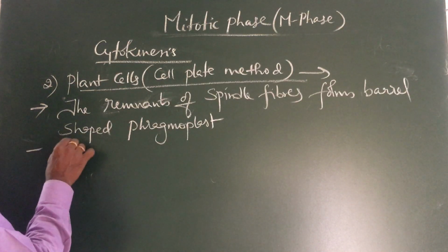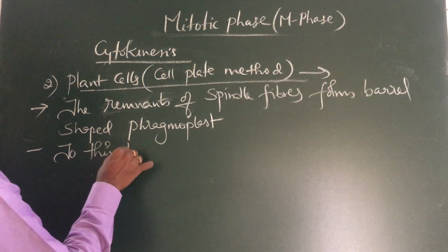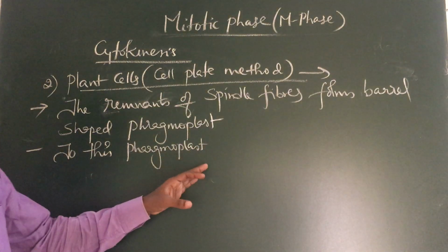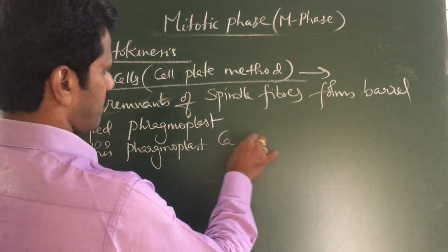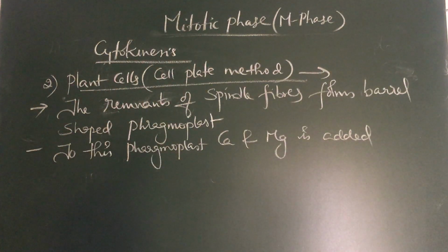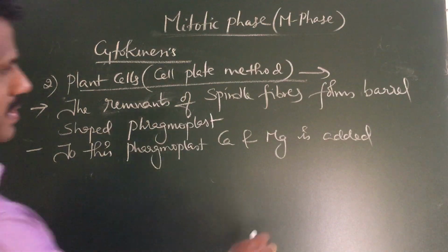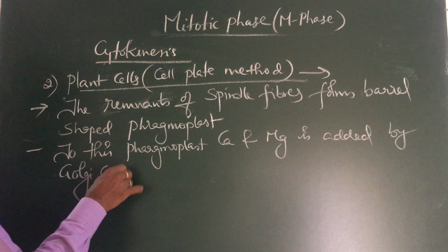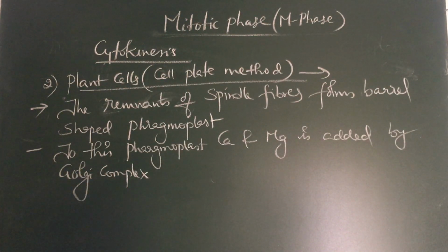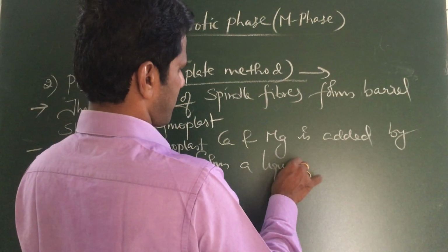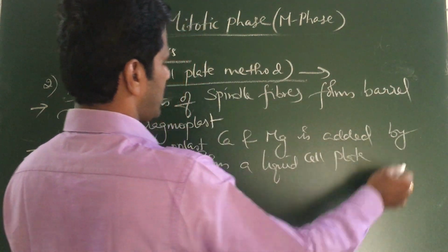To this phragmoplast, calcium and magnesium are added by the Golgi complex, and it forms a liquid cell plate.